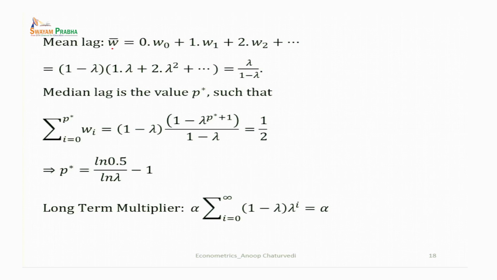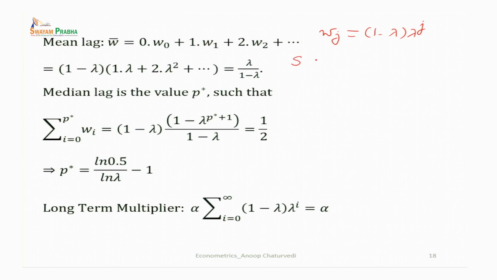Now, the mean lag, the mean of all these weights, is 0 into W naught plus 1 into W 1 plus 2 into W 2 and so on. Then W j is equal to 1 minus lambda into lambda to the power j. So, you take 1 minus lambda common here and you get 1 into lambda plus 2 into lambda square plus so on.